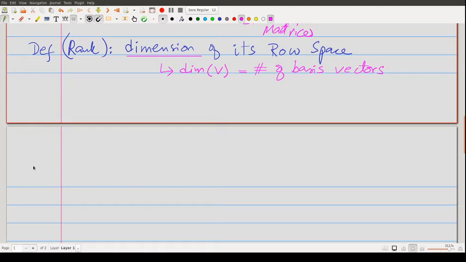Okay, and the other thing that we have is called the nullity.